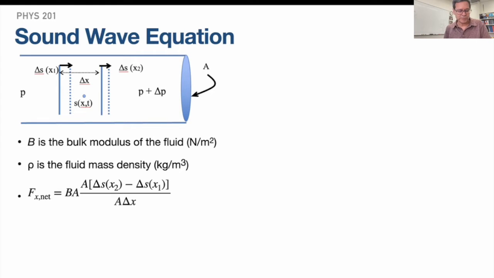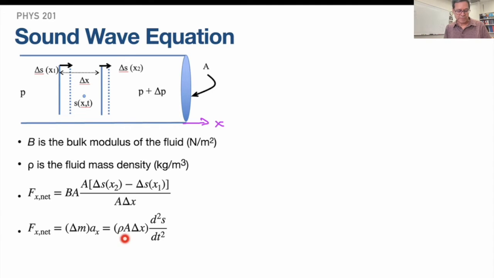And yes, so here was Newton's second law, at least the force part of it. The net force acting on my fluid element, the product of B times A, and then the change in the volume over the volume itself. But the other side of Newton's law was ma, the mass times acceleration, so that was delta m times a in the x direction. Again, the x direction was going this way, toward the right.